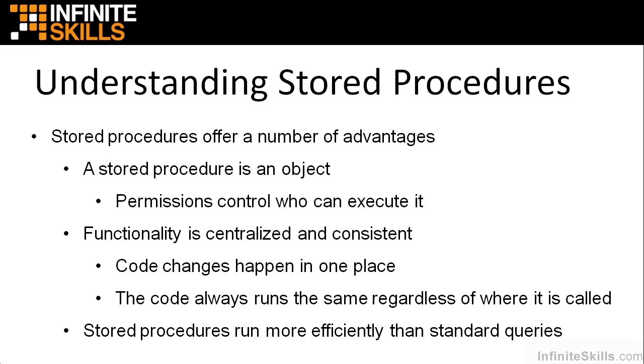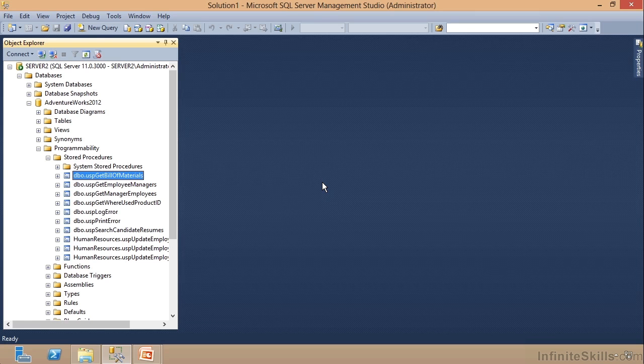Now what I want to do is jump out to the Management Studio, and all I want to do is show you what a stored procedure looks like. A little later on in the course, I'm going to show you how to build one of these, how to make it accept variables and all sorts of things. But notice if I look in my Object Explorer out in the Microsoft SQL Server Management Studio, under Programmability, there is a folder of stored procedures.